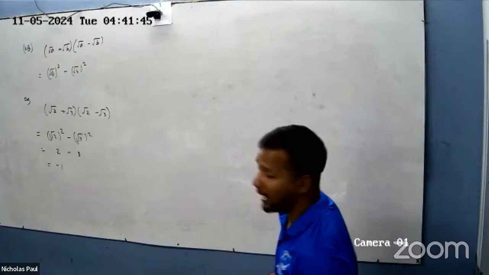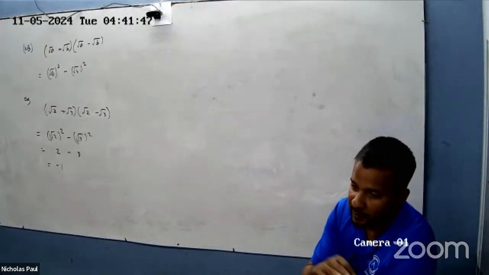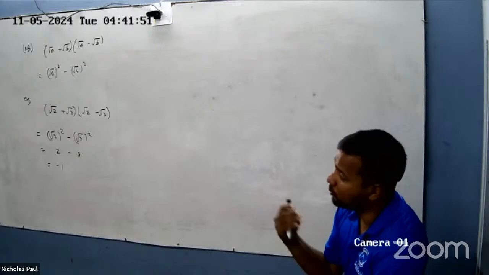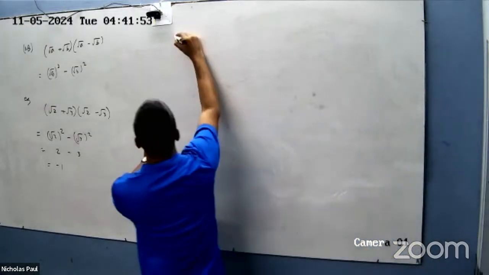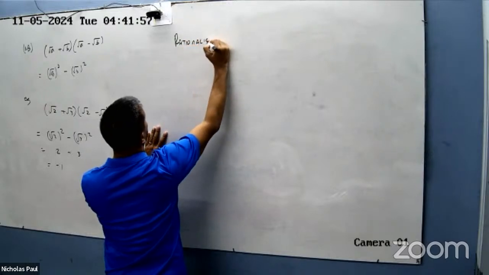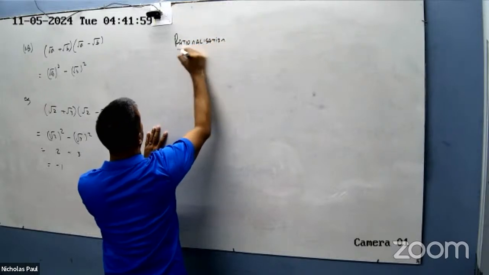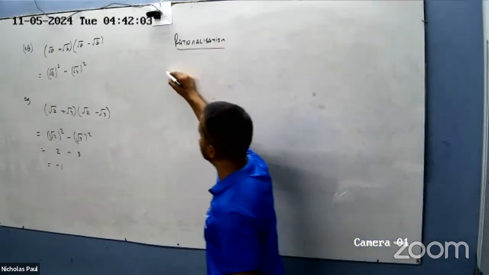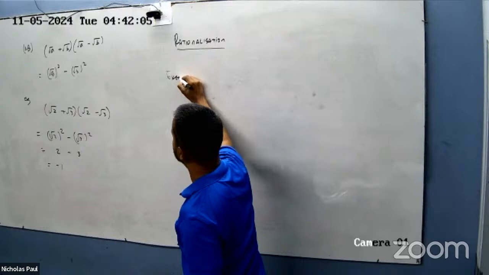All right, so the last thing we have to do, sometimes we get a fraction, right? And we want to do something called rationalization, right? I'll show you by an example.